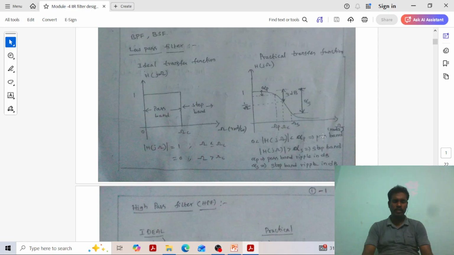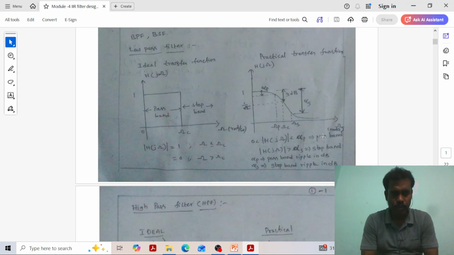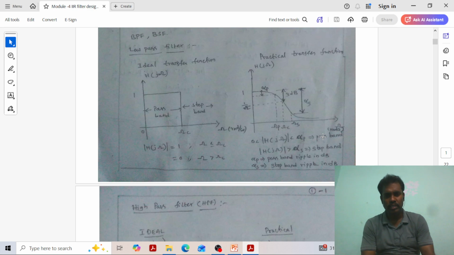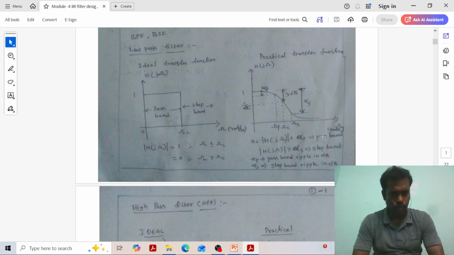So first of all, let's recap all the basics, like what is a filter. A filter means a system which will allow a required band of frequencies in the input to the output, and it will avoid the unwanted frequencies in the input signal, restricting them from passing to the output.